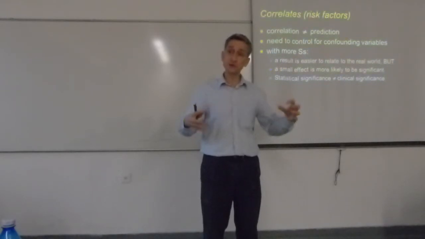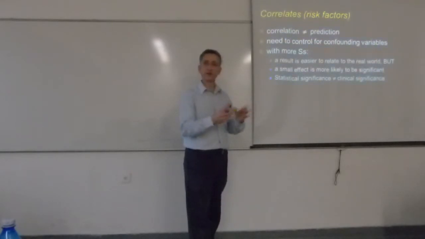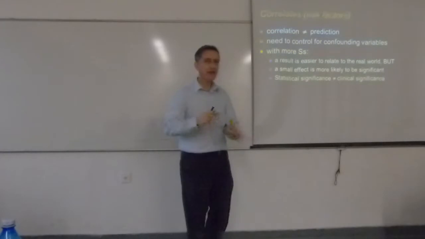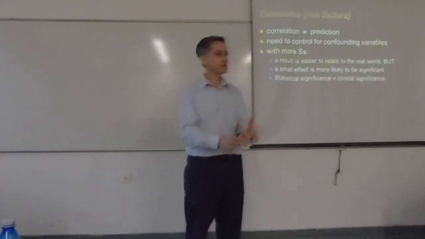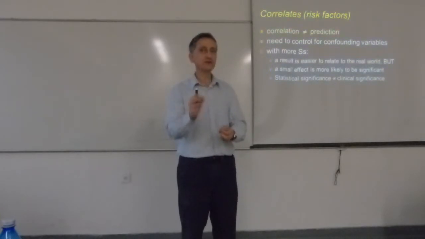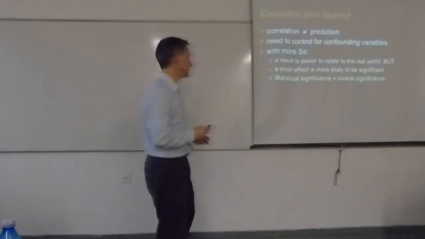Because the more subjects you have in a study, the more likely it is that a very small effect will be significant. So this brings back the point of you need to say, yes, is what I found in this research study statistically significant? But then you need to say, is it clinically significant as well? Does it actually make a real difference? Is it likely to make a real difference?